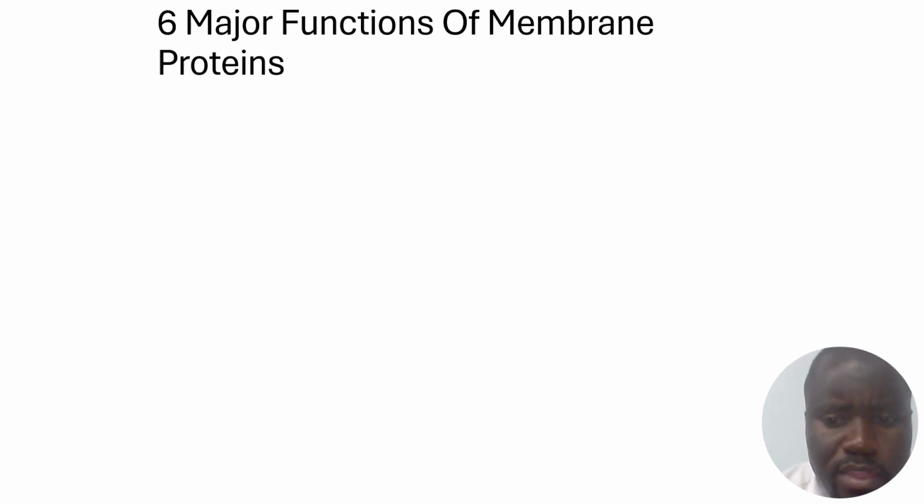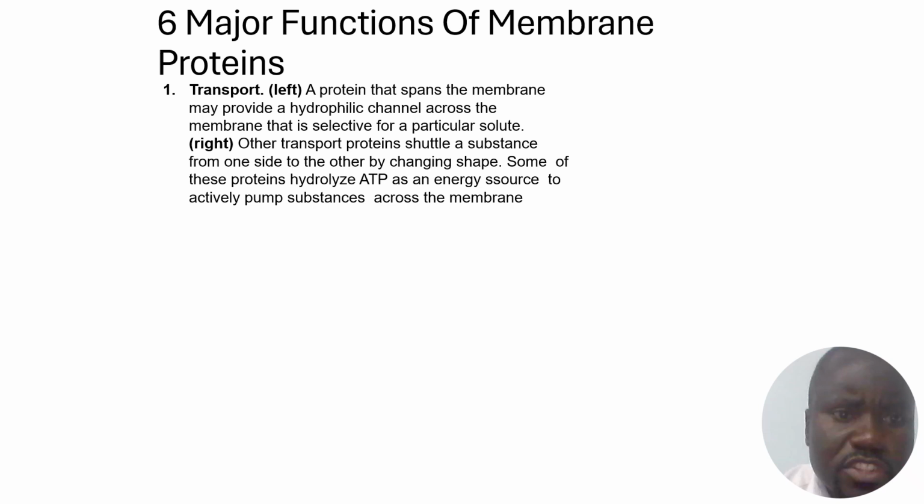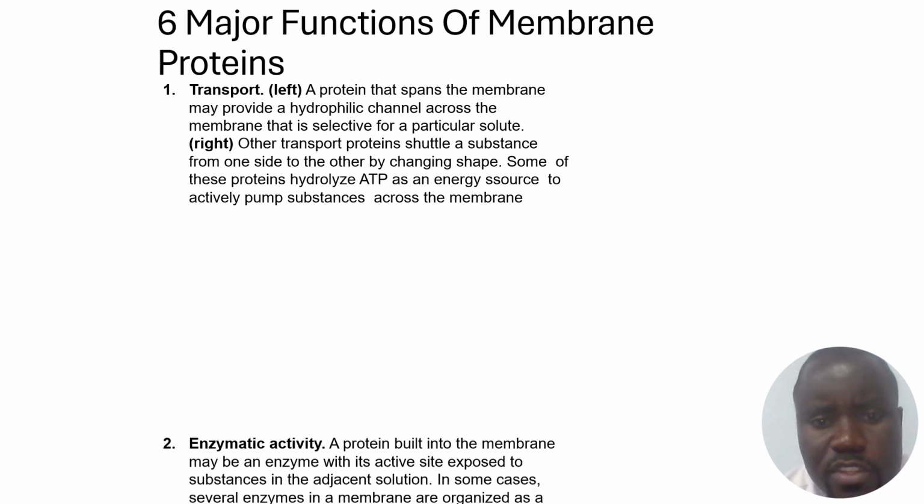Then we look at the membrane proteins specifically so that we can see how they contribute to the totality of the function of the cell membrane. There are six major functions membranes perform, beginning with transport structures within the cell membrane.